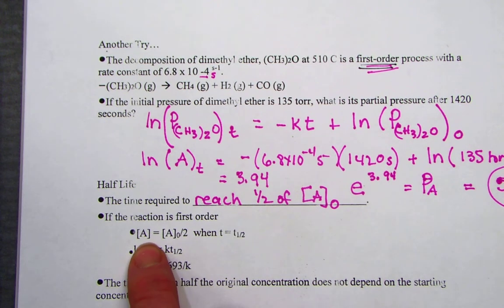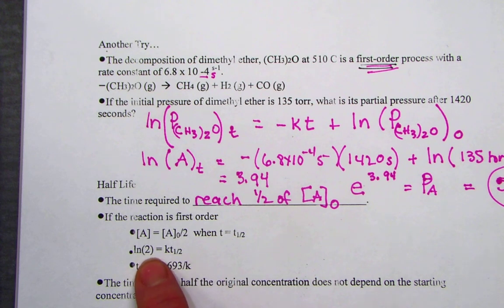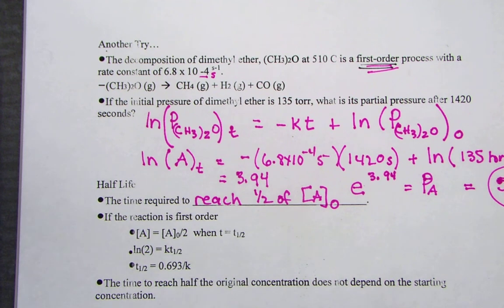And just to share that development is a little bit of math here. When the concentration of A equals the original amount divided in half, when time is exactly the half-life, that's what we're looking for. And simplifying that integrated rate law, the natural log of 2 is equal to k times the half-life. So what we're looking at really is just simplifying the natural log of 2. Test it on your calculator.